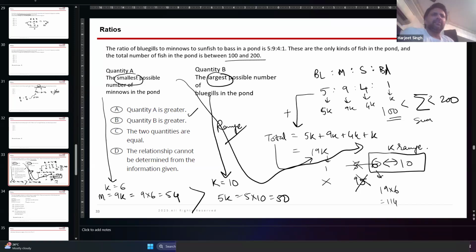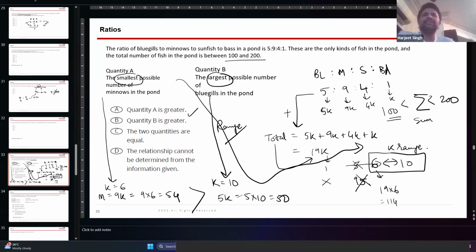You can expect a difficulty level of this kind on the GRE, a hard difficulty level, in which you can be asked on smallest possible value in the question and largest possible value. So this can be set up in the form of a variable, which is K. If you know the range, you will know what highest value and lowest value of K are possible in the range.